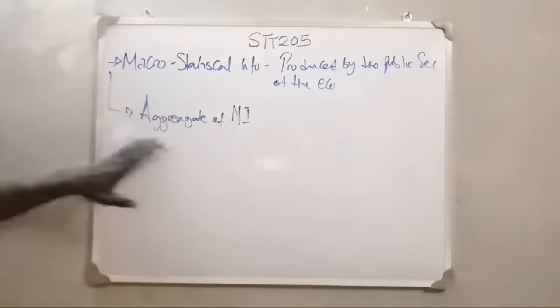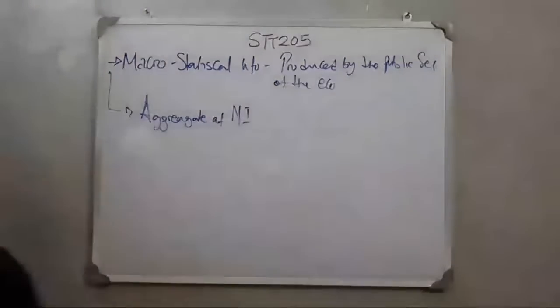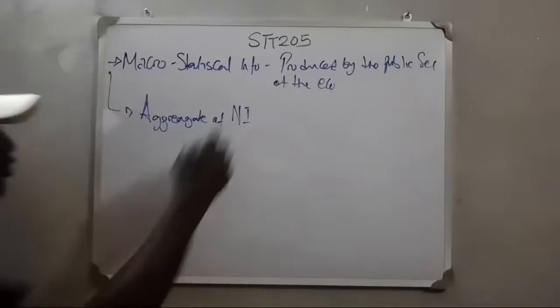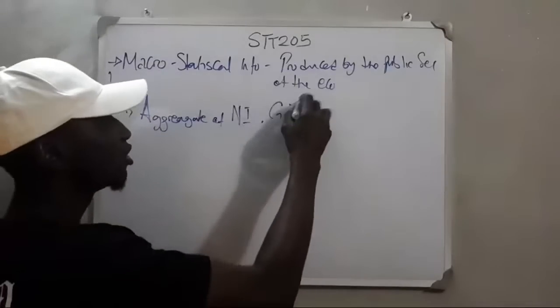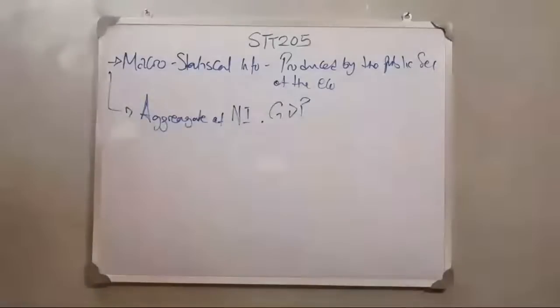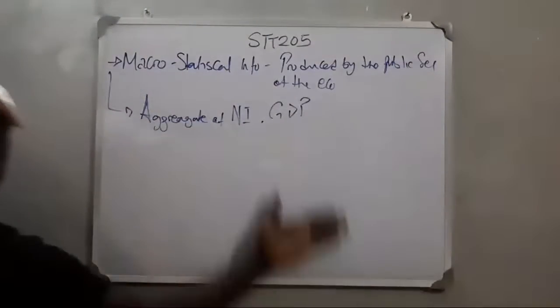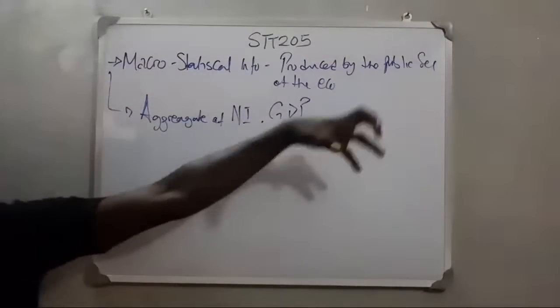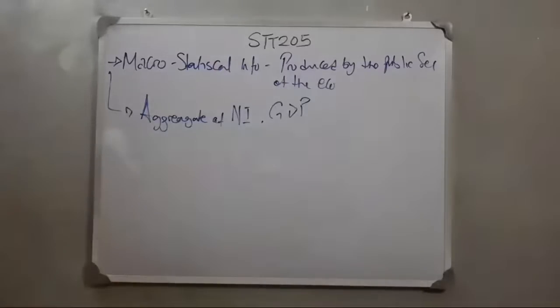So we have aggregate of national income. We have gross national product, the GDP, which has to do with all the production of goods in that country in a particular year.